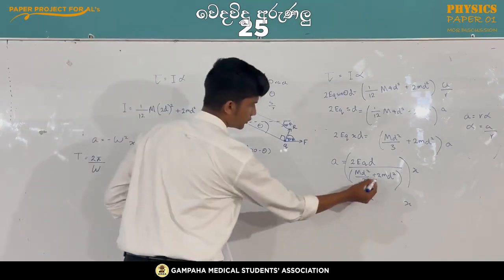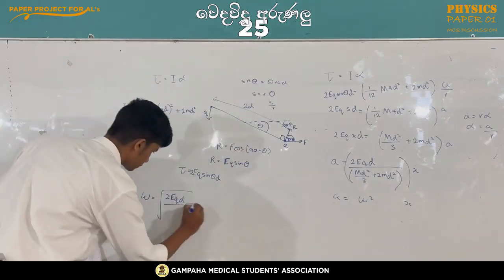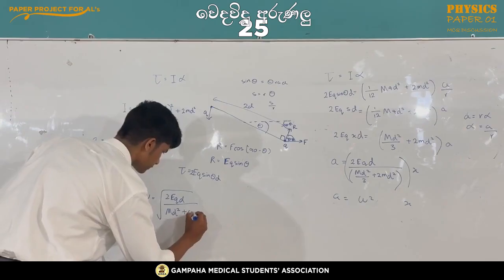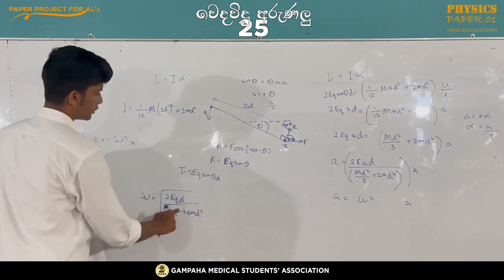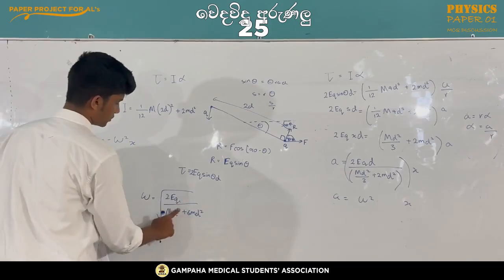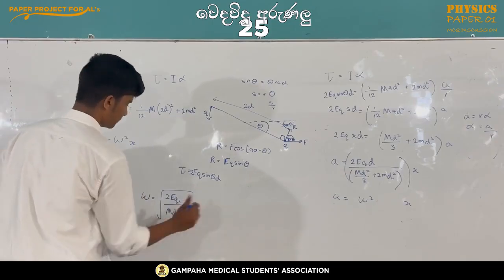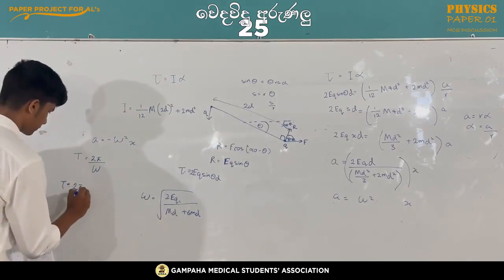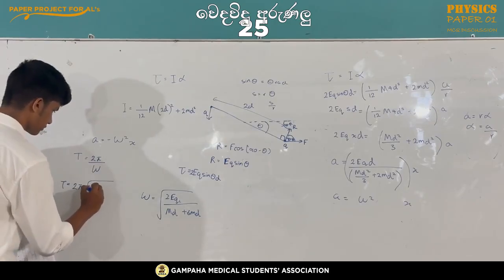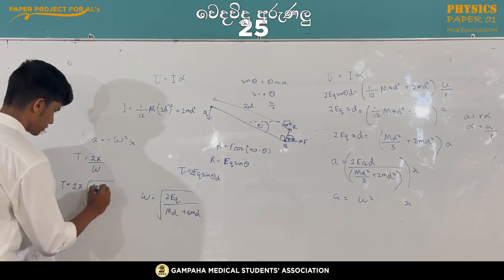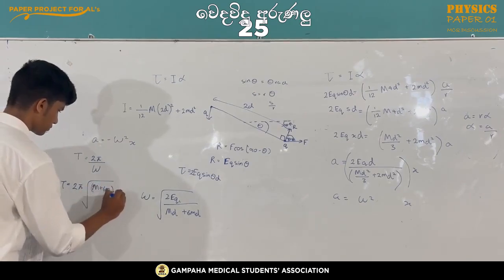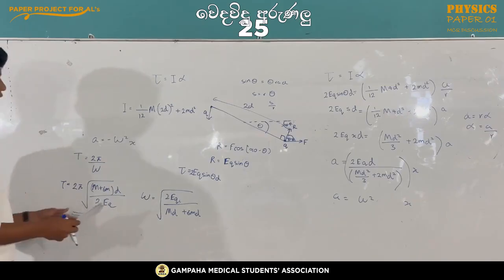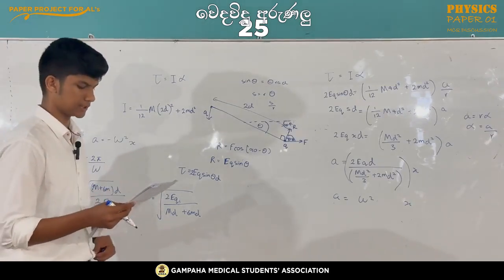Then we can multiply both of these terms by 3, md squared plus 6m d squared. We can cut off one of the d letters here and then substitute that here. T equals 2 pi. This is the final answer. So then the correct answer is the second answer.